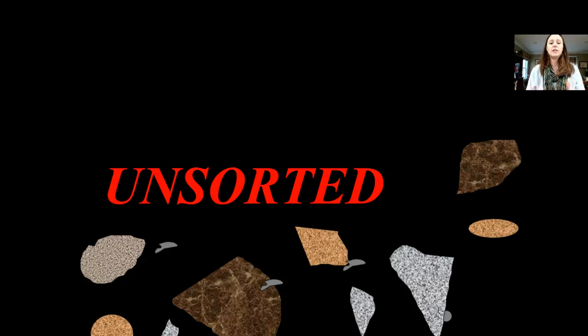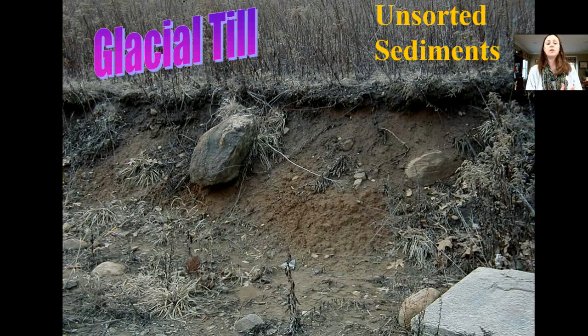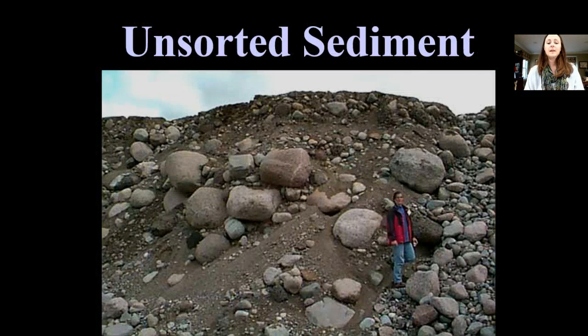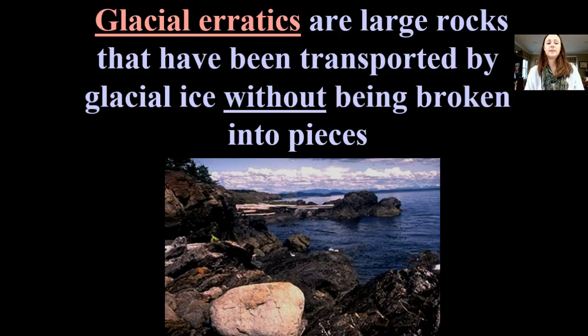It comes and takes everything in its path, or it can leave behind the same unsorted sediments. Here's a picture of a glacial till. This is what was left over from a glacier, and you notice that there are larger sediments and smaller sediments. So this is evidence that this was left here by a glacier. Again, another picture of unsorted sediments.